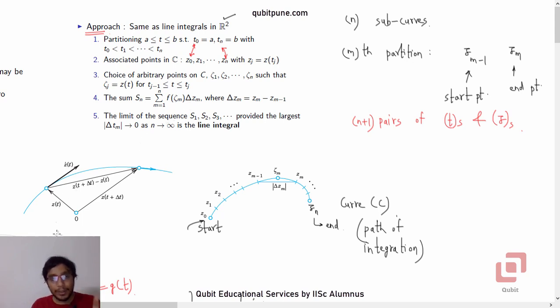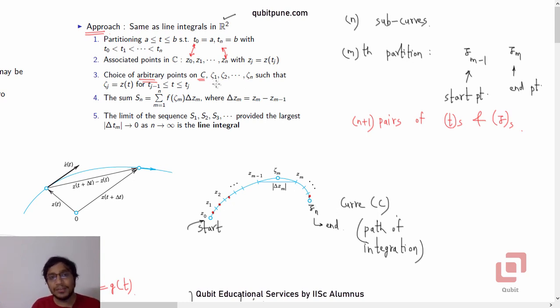Now we are going to consider arbitrary points which lie on C, one point each from every subinterval. So let's consider this point from the first subcurve, point 2 in between z1 and z2 on the curve, point 3 between z2 and z3, and so on till this point between zn minus 1 and zn.